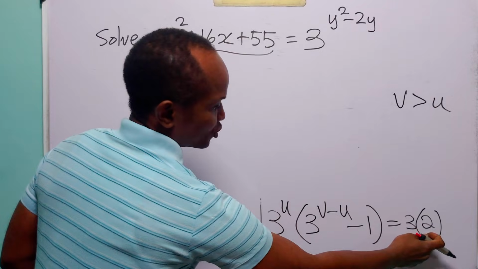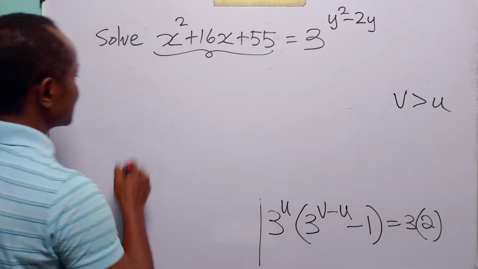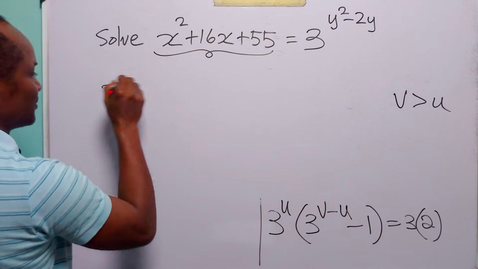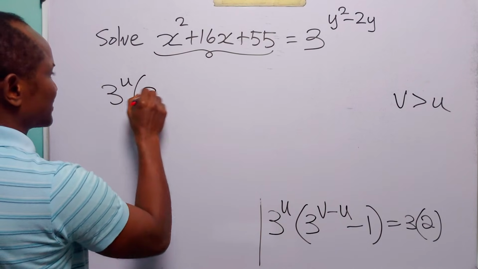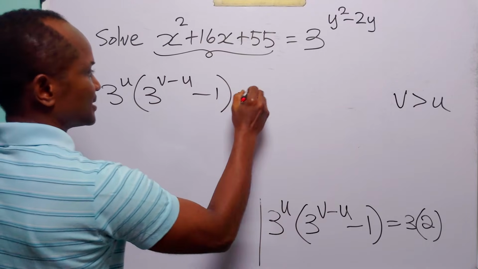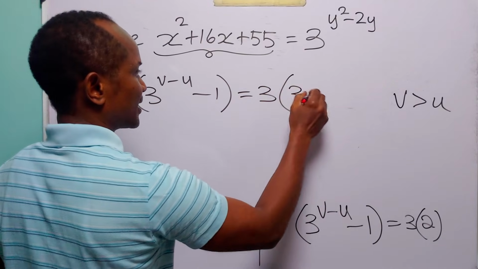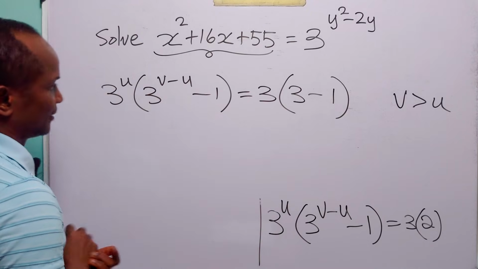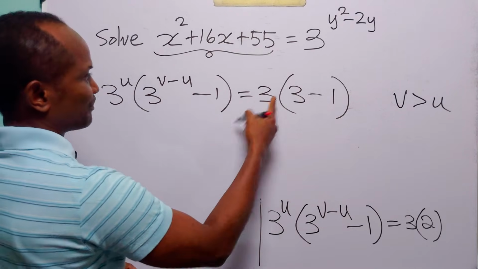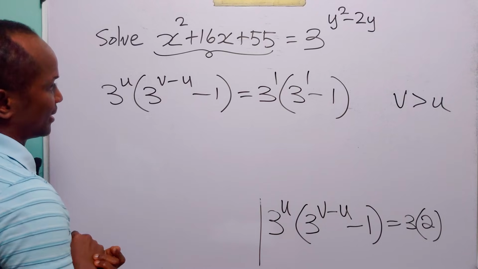Now, notice that 2 is 3 minus 1. So this equation is the same as 3 to the power u multiplied by 3 to the power v minus u minus 1 is equal to 3 times 3 minus 1. Of course, you know that the power of 3 here is 1 and the power of 3 here is 1.